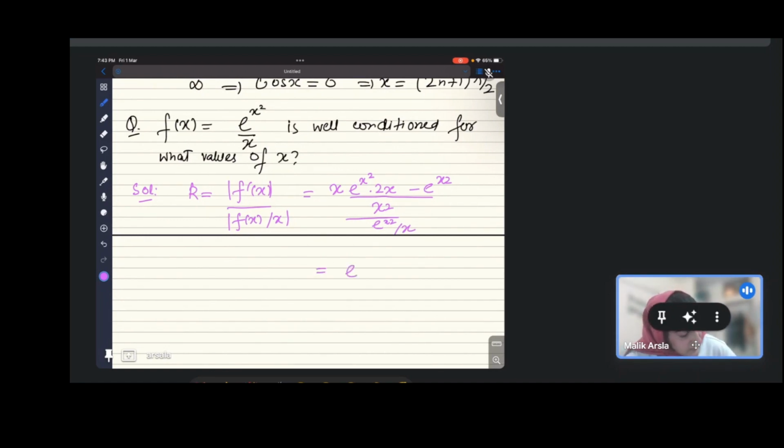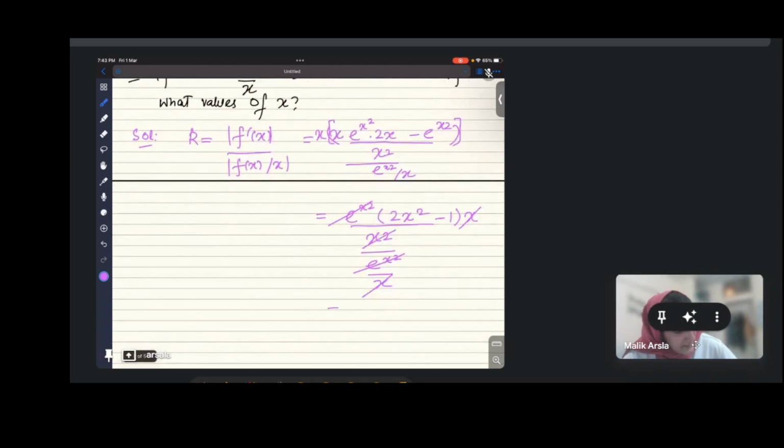Taking e to the power x square common, it will be 2x square minus 1 upon x square, whole divided by e to the power x square upon x. This and this will cancel, one x also will. So 2x square minus 1.